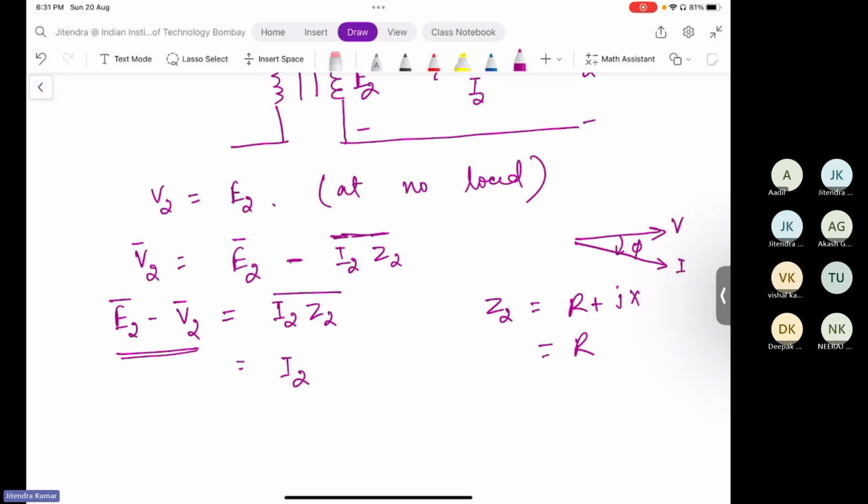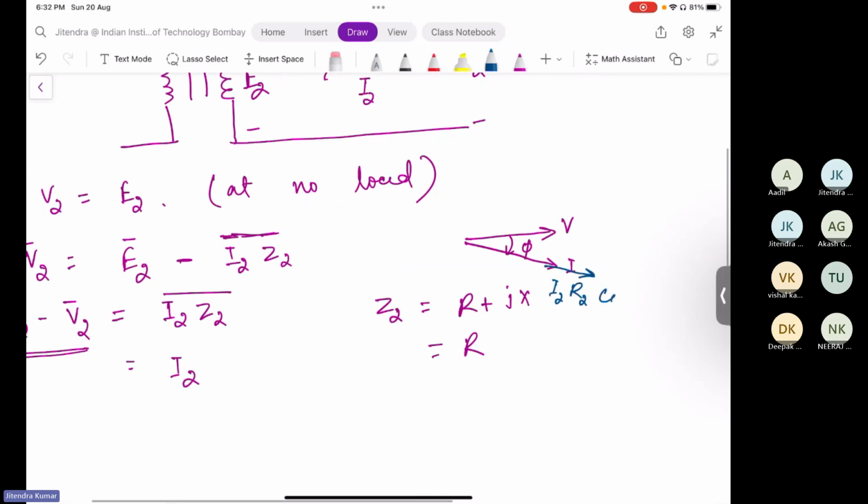Whatever R will be here, R will be in phase with I, so the drop will be in line with I. So I2 R2 cos phi 2. And whatever the reactive drop, that will be orthogonal to that drop, so I2 X2 sin phi. We can write in that manner. Do you agree with that?